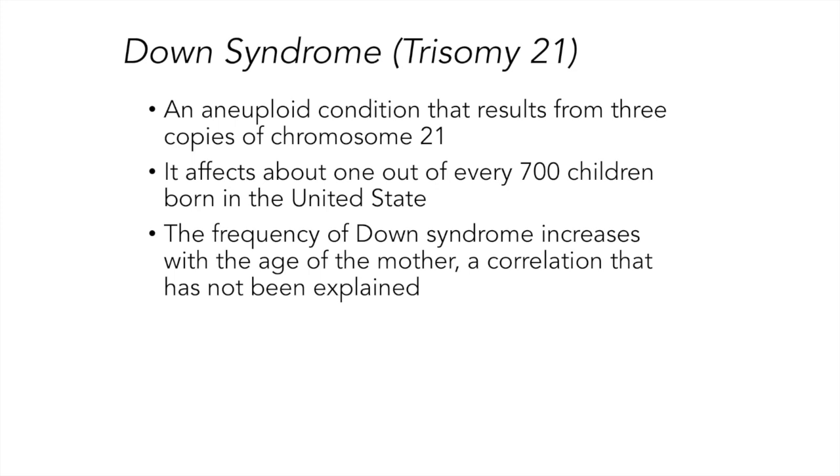So at age 40, the chances of a baby being born with Down syndrome really start to take off. Not to say that younger mothers can't have Down's babies, or that older mothers can't have normal babies. It's just, statistically speaking, this is a correlation that's been observed. And we don't fully understand why that is, what it is about a mother being older that means she's more likely to have a Down syndrome baby.